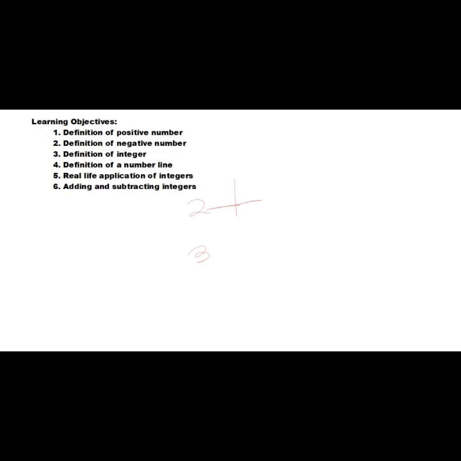What is a negative number? A negative number is a number that is less than 0, and we normally use a minus sign like this in front of it to represent negative numbers. Now, what is an integer?